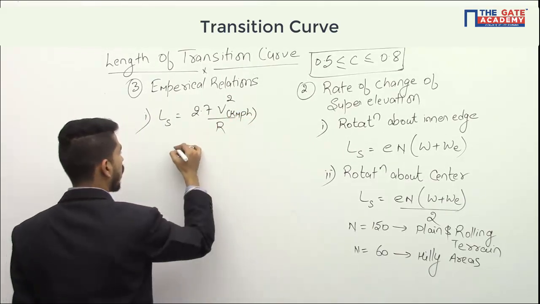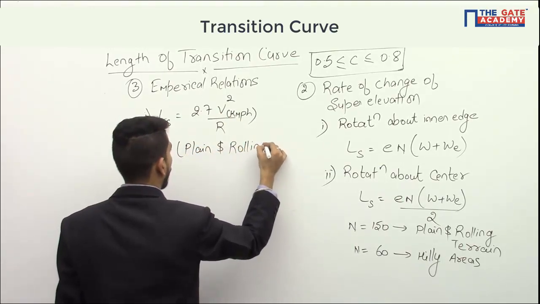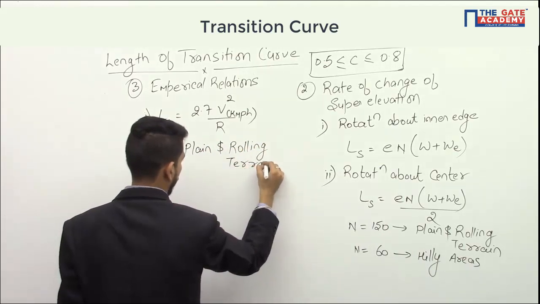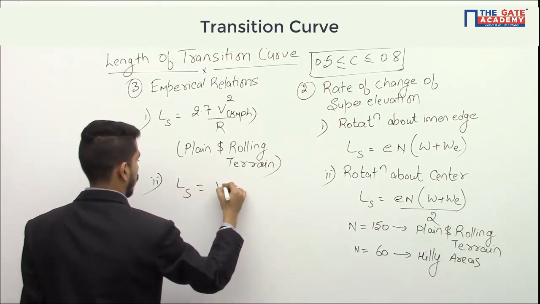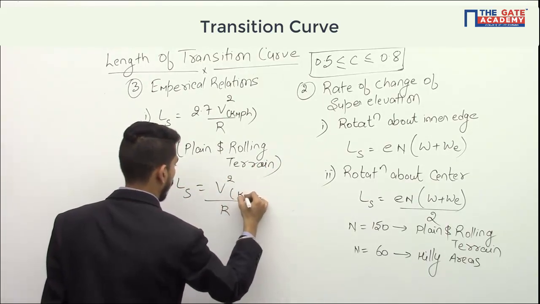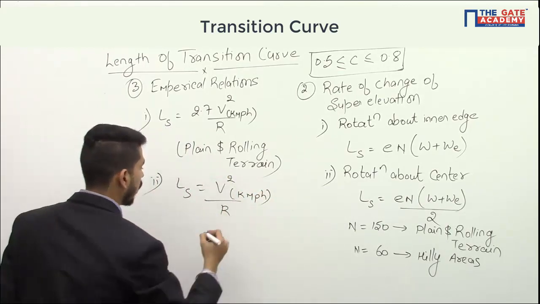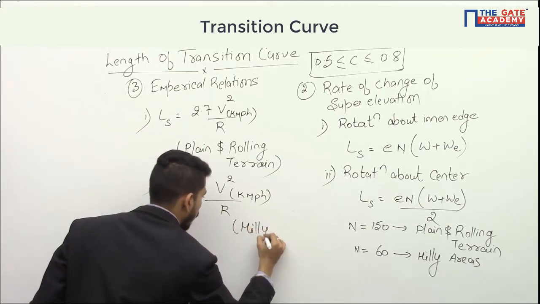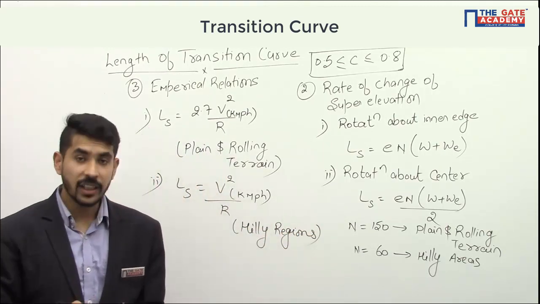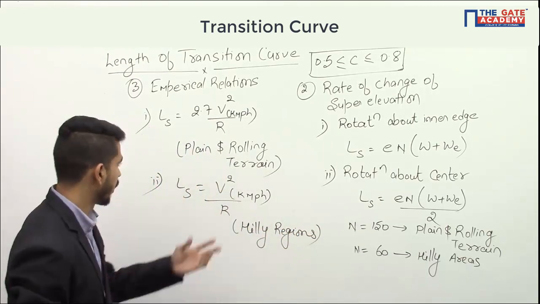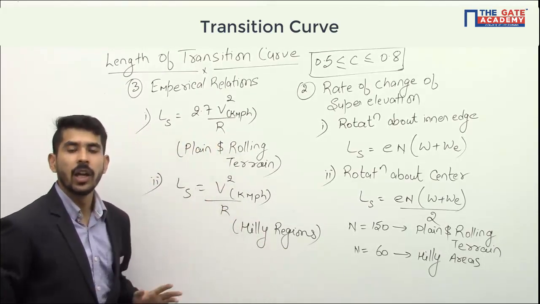This condition is for plain and rolling terrain, and then the second one is Ls equal to V square divided by R. This particular case is for hilly regions. So again in the question he will mention what kind of terrain you are having, whether it is a plain terrain or a hilly area, right? So accordingly you have to choose either one formula.